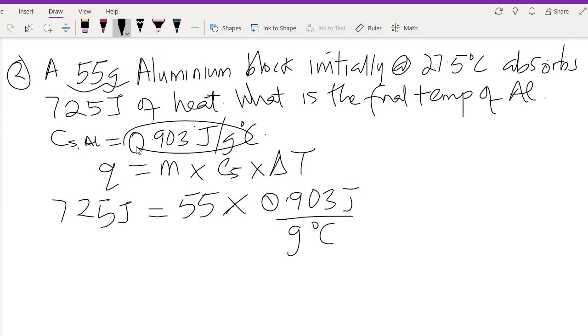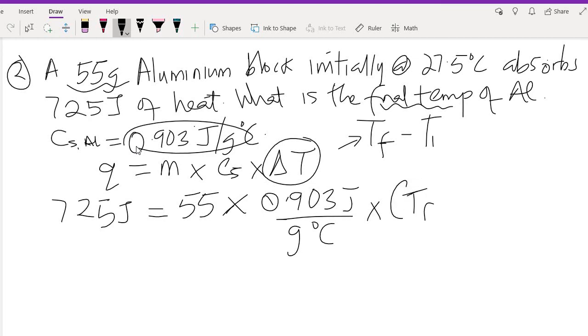Remember, our delta T here is T final minus T initial. So we have our T final, which is what we're looking for, and we place it here. And our T initial is 27.5 degrees C.